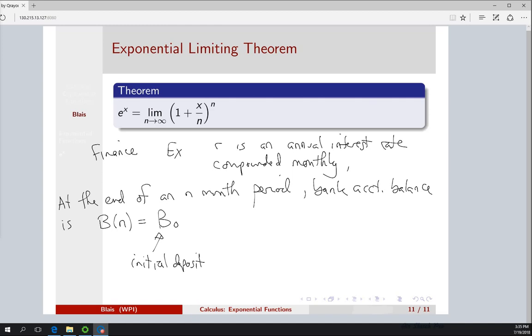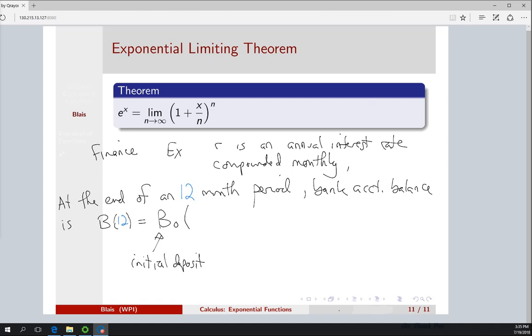Well, at the end of the first month, why don't we make this a little bit simpler and say we're doing a 12-month period. So we have a 12-month period. At the end of that 12 months, how much money do we have?